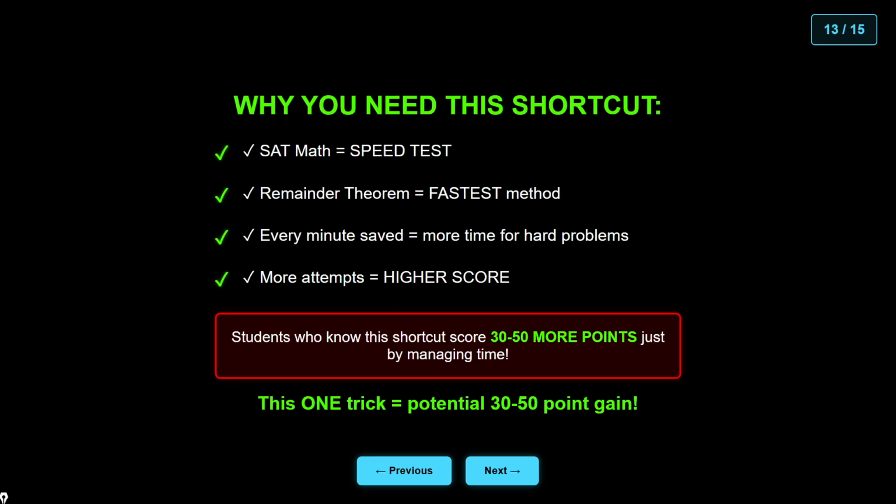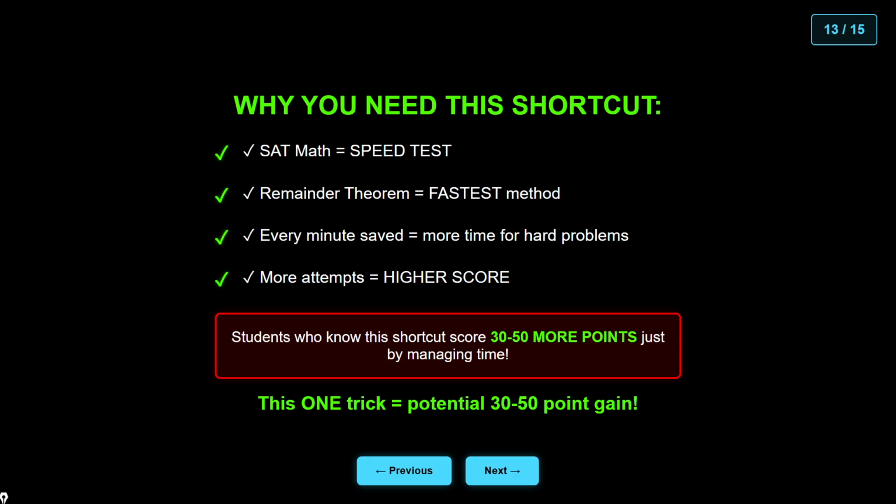Let me tell you why you absolutely need this shortcut. SAT math is a speed test. It's not about being a mathematician, it's about being fast. The remainder theorem is the fastest method available. Every minute you save on easy problems gives you more time on the hard ones. More attempted questions equals a higher score.